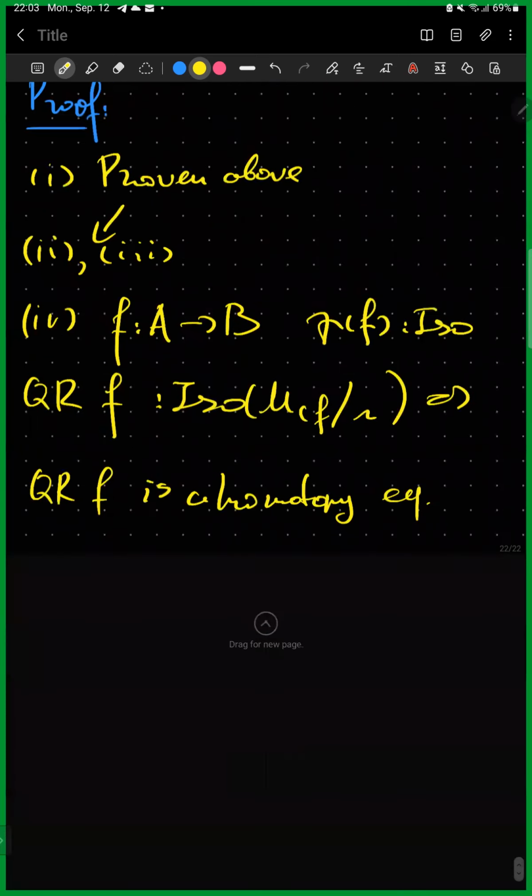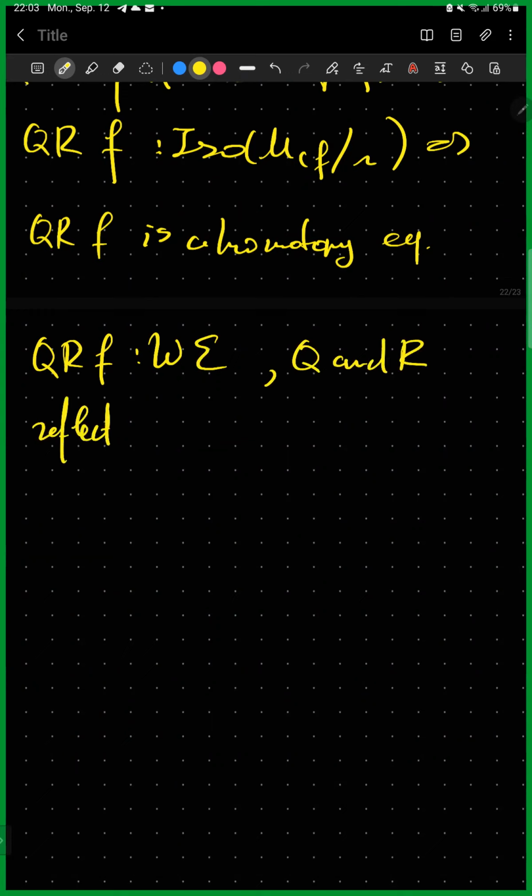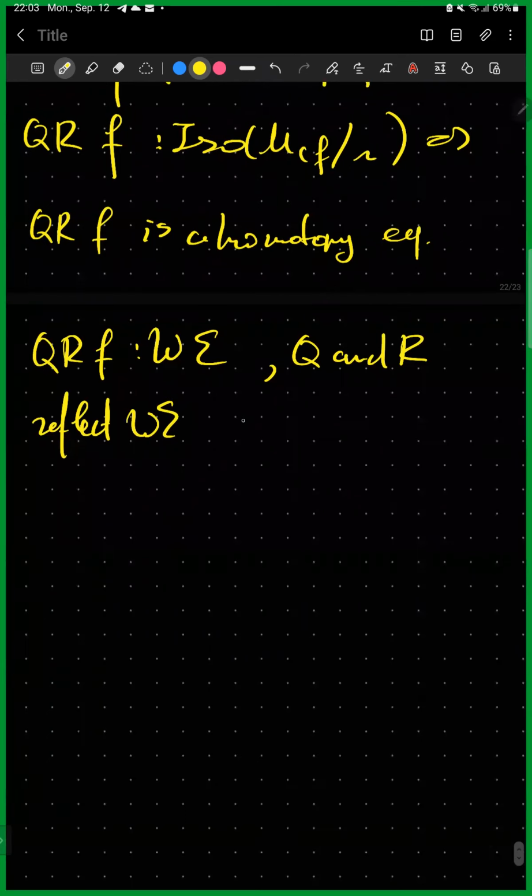Which in turn implies, since we passed to the subcategory of fibrant and cofibrant objects, that QRF is a weak equivalence. And since Q and R reflect weak equivalences, meaning that the composition of Q and some map is a weak equivalence if and only if the initial map was a weak equivalence, it follows that F was initially a weak equivalence. Okay.